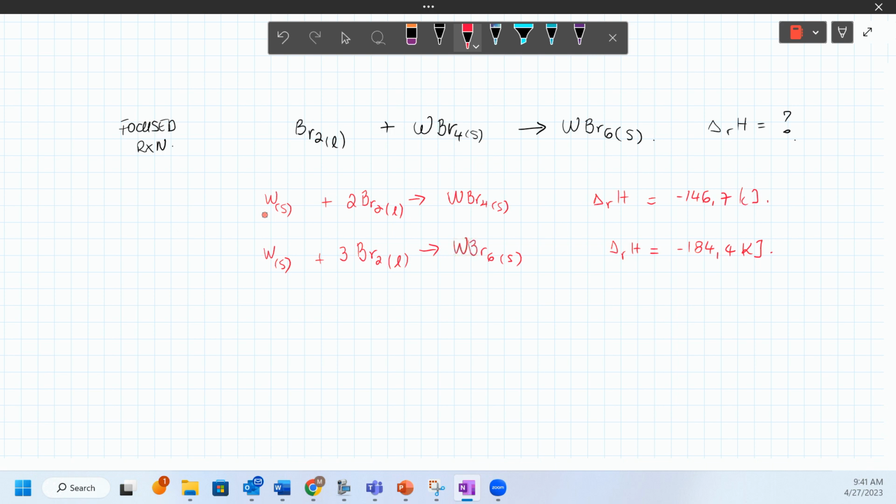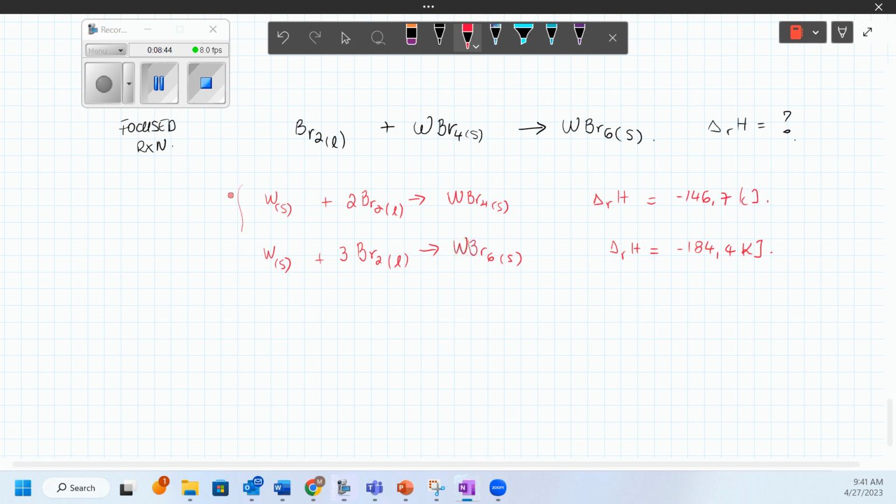as predicting enthalpy using Hess's law. It's number 33. Okay. So again, we have a focus reaction, and we have those that, let's call it for the sake of being on the same page, intermediate reactions.